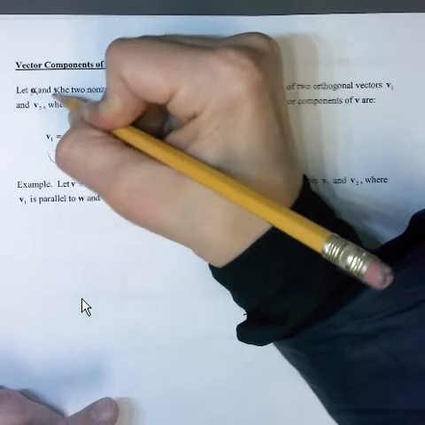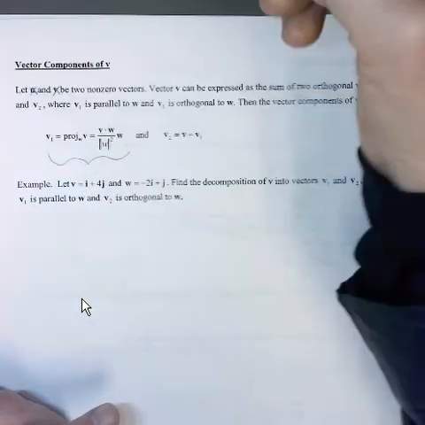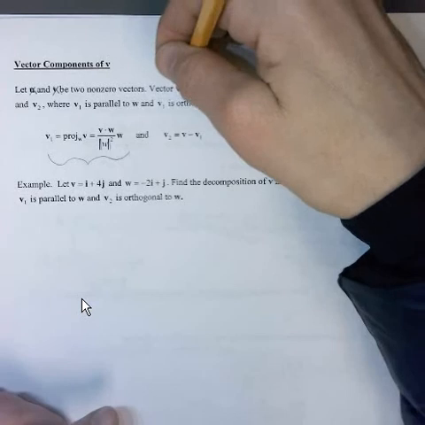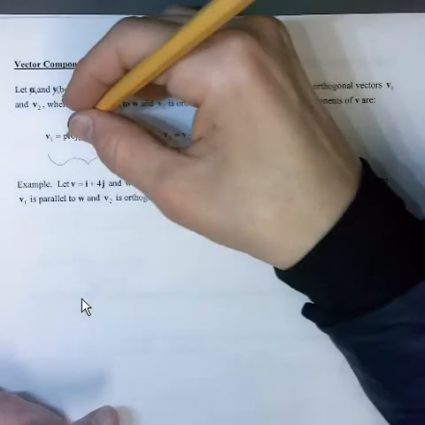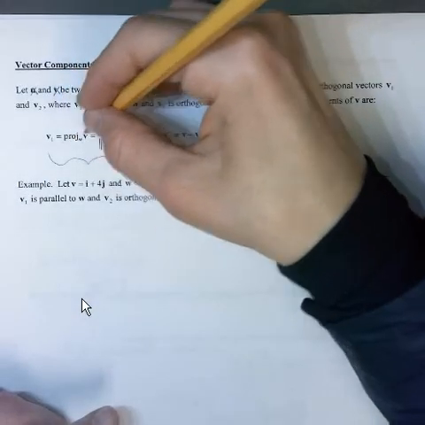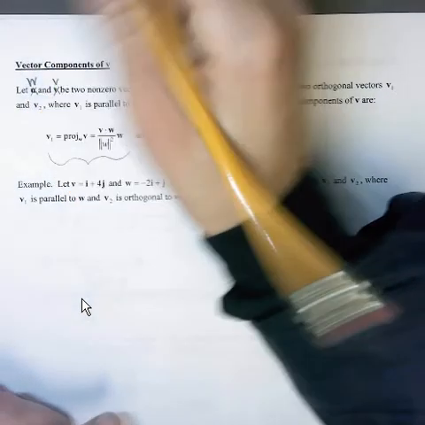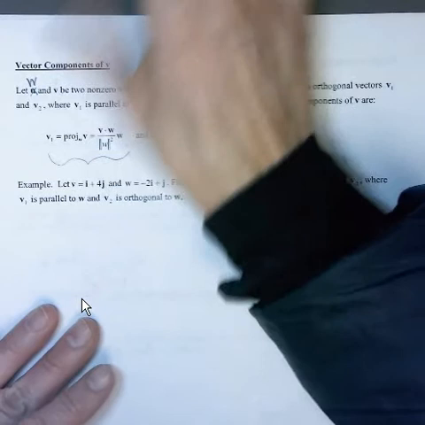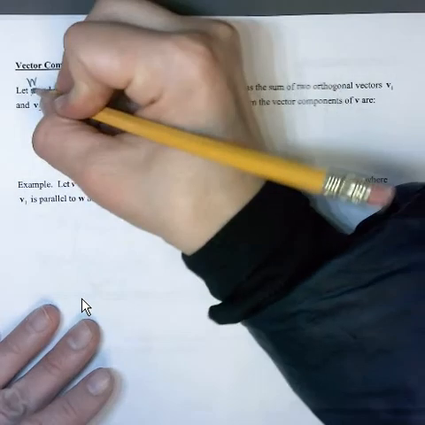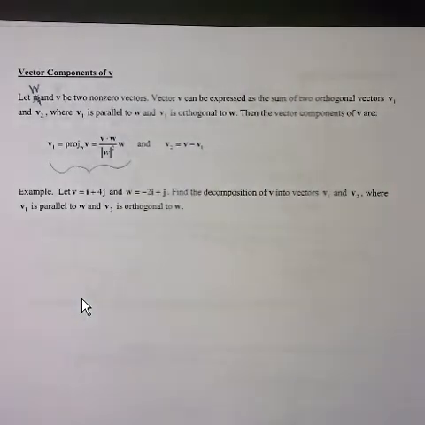So I'm doing the projection of w onto v. I'm sorry about that. I should have just left it as it was. Okay, so projection of v onto w. Yes, that's right.